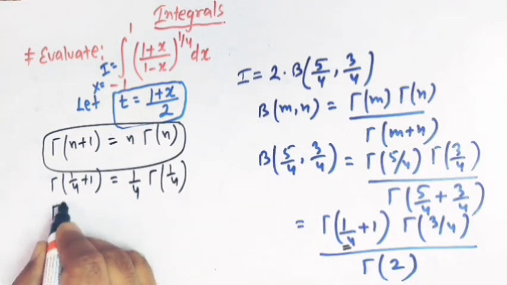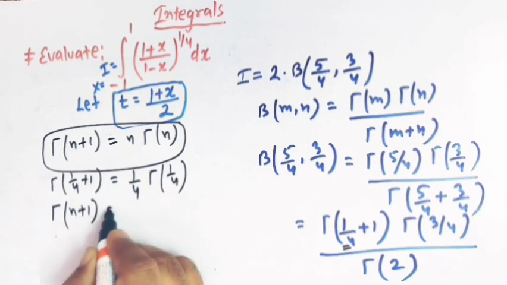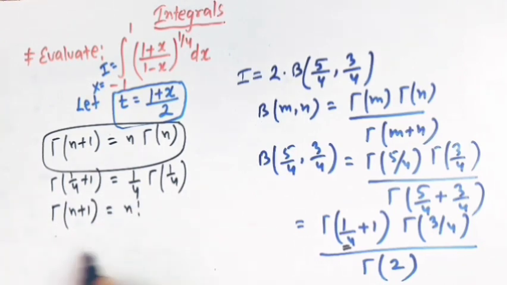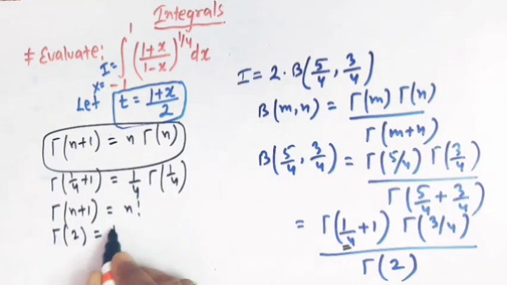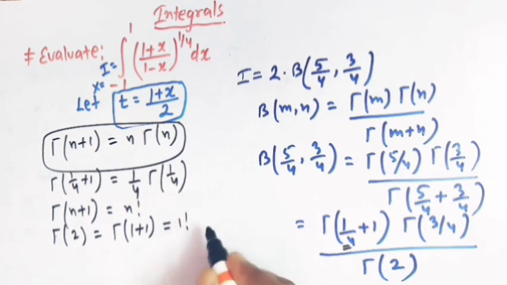We also know that gamma of n plus 1 is equal to n factorial. So gamma of 2 can be written as gamma of 1 plus 1, that is 1 factorial, and 1 factorial is 1.